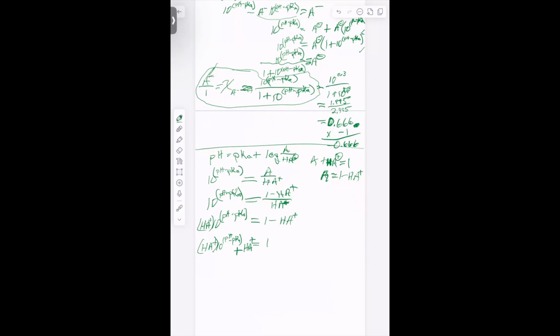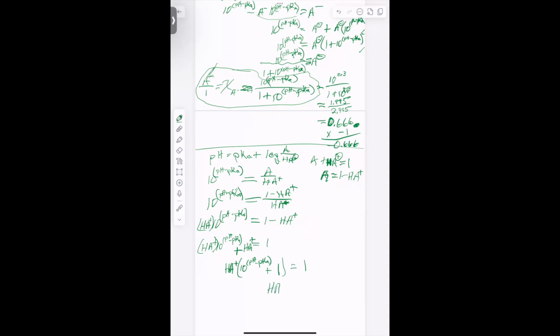Now I can go ahead and pull everything over, and I can say, aha, HA plus times 10 to the pH minus pKa plus 1, since I've distributed out HA plus, is equal to 1.